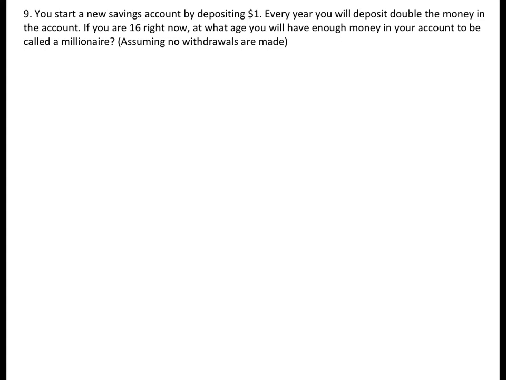So let's say S represents your saving. The initial value for the saving is $1. Now you are doubling your money, so the base is 2, and every year you are doubling your money. So the doubling period is 1, so you are going to say 2 exponent t. Now I want this S to be $1 million.